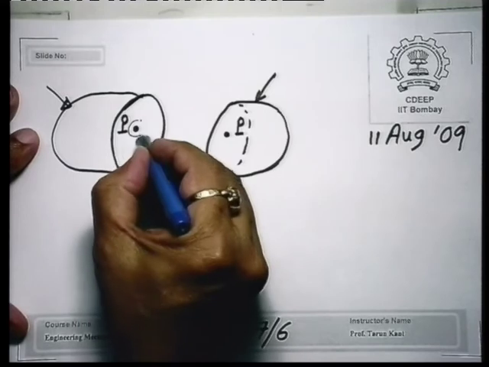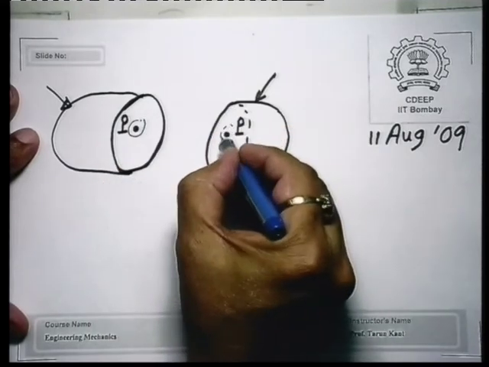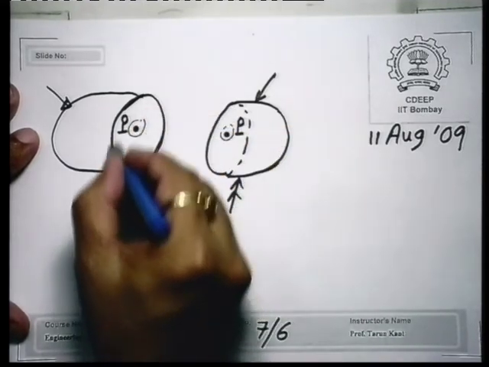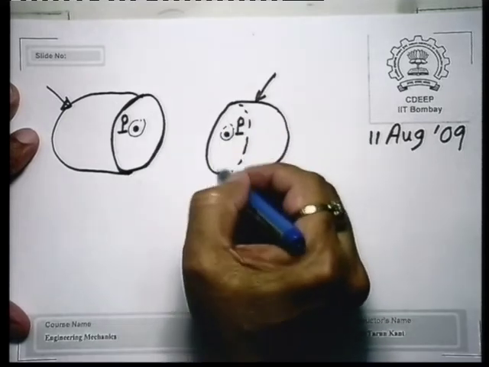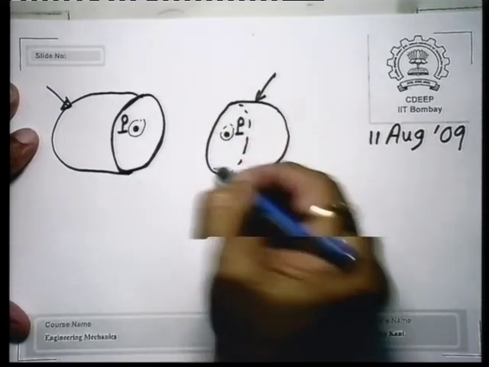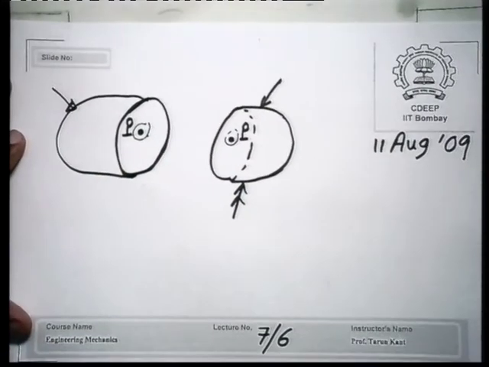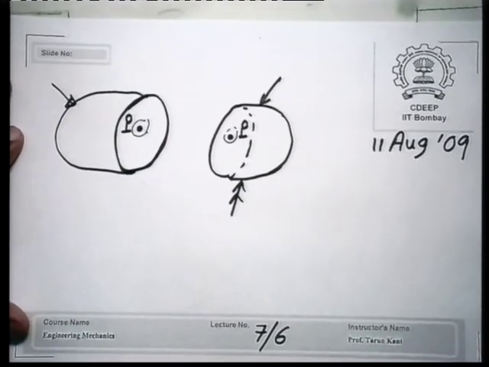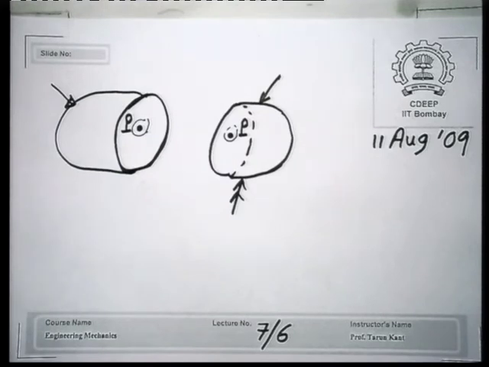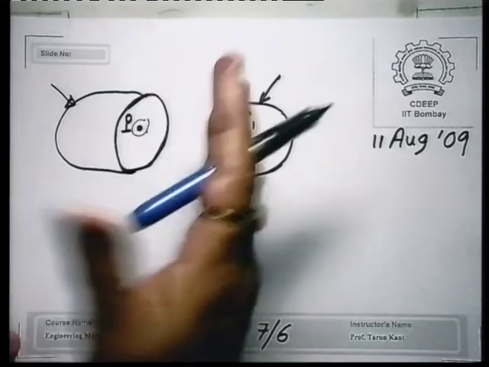If you take a small area around this point P, there are an infinite number of points, infinite particles on this plane. I am just taking a small area delta A around it.